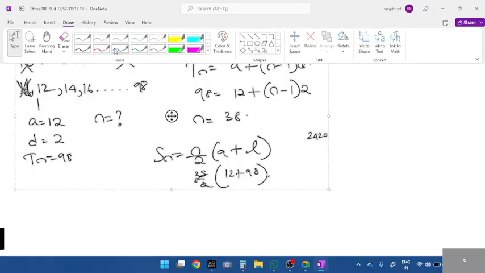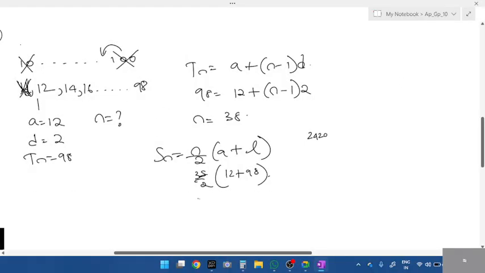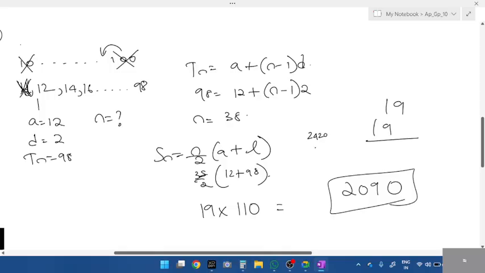Yeah, be quick. Last one. You get 19 into. Is it 19 into 110? So what's the answer? 2090. But the answer is 2420.